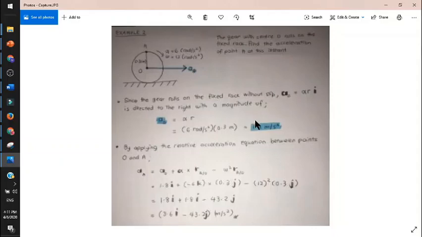So guys, please remember those equations depend on the situation or condition of the question. This question gives you a gear rolling without slipping on a fixed rack, so you have to use this equation.